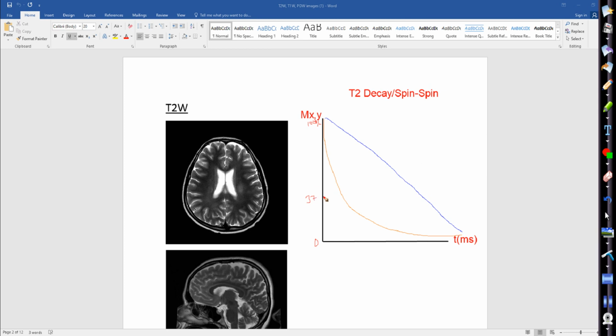All right. So then I'm just going to draw my line over to both, and drop it down to my time axis. All right. So then we have TE1.